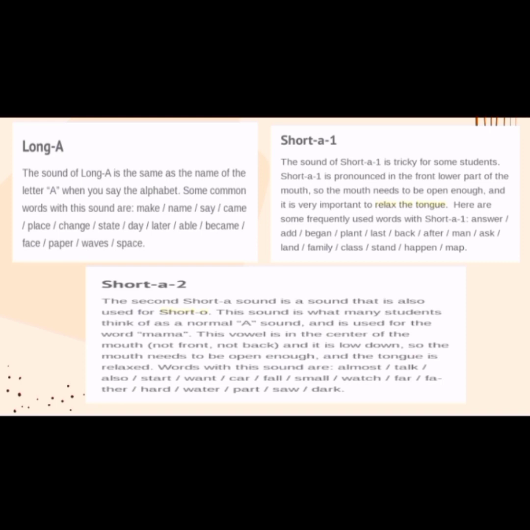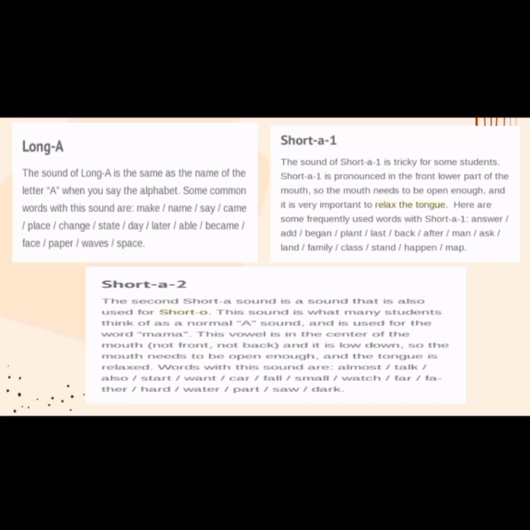The sound of short A1 is tricky for some students. Short A1 is pronounced in the front lower part of the mouth. The mouth needs to be open enough, and it is very important to relax the tongue.